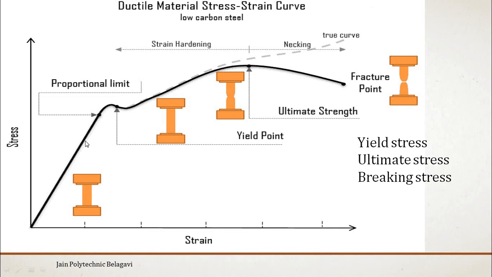At this point, say the stress is 10 and the strain is x extension in the bar. So for this stress, this much is the strain. What they have written is the proportionality limit, or proportional limit.